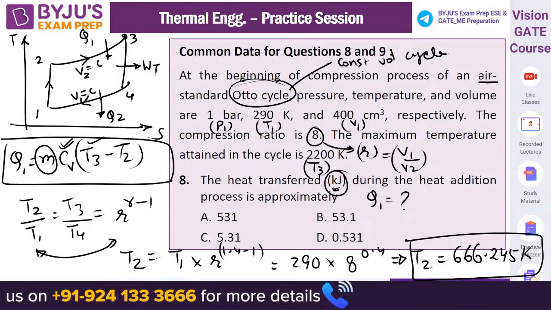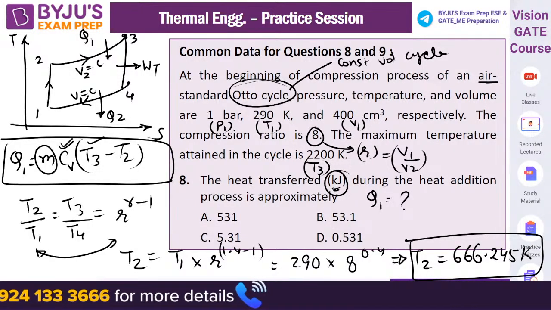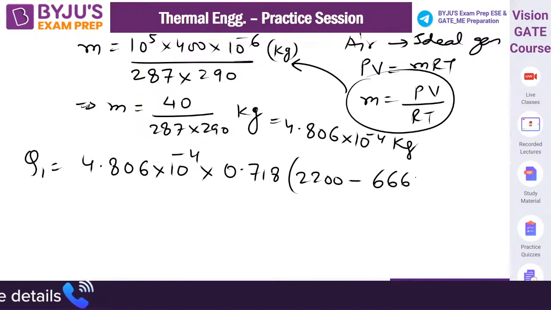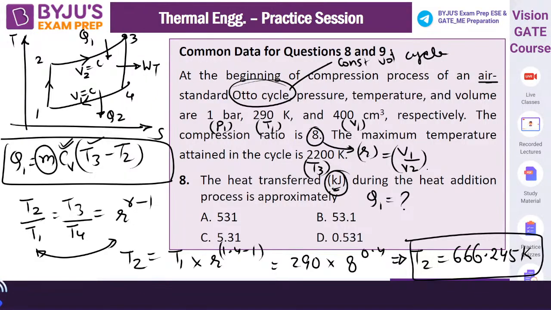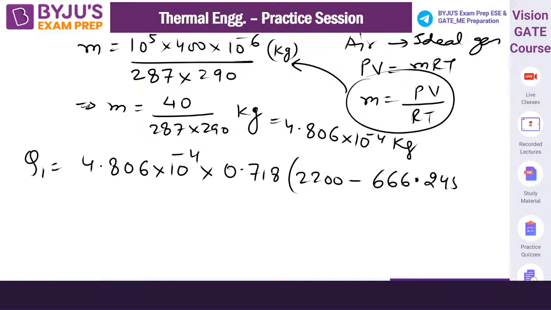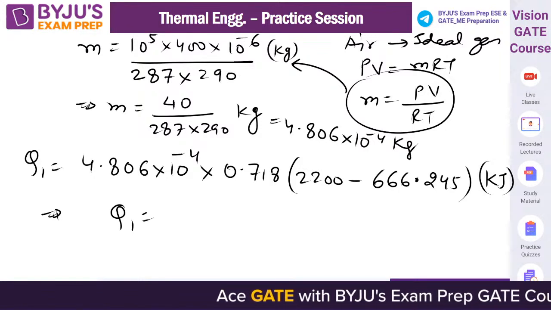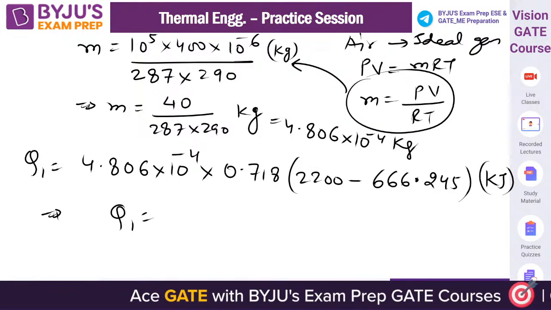T3 is 2200 minus 666.245. Can you find out the value of Q1?